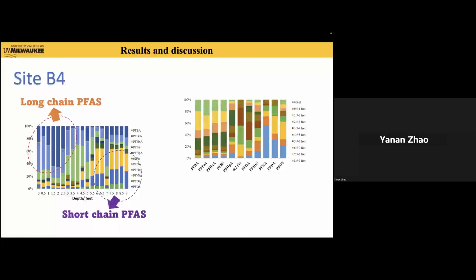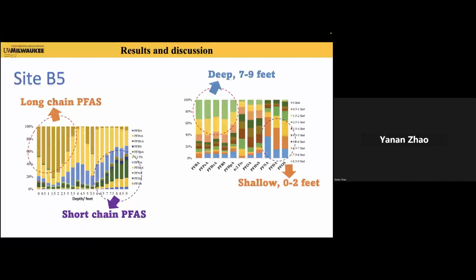When we analyzed the distribution of each PFAS in each layer of sediments, we found that most short-chain PFAS accumulate in the deep layer, like 7 to 9 feet, compared to the long-chain PFAS, which accumulate at 0 to 2 feet. So that result shows on both sides.